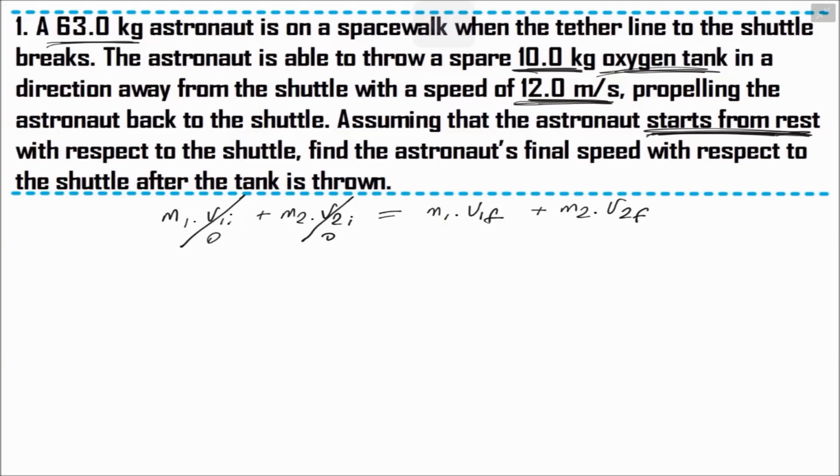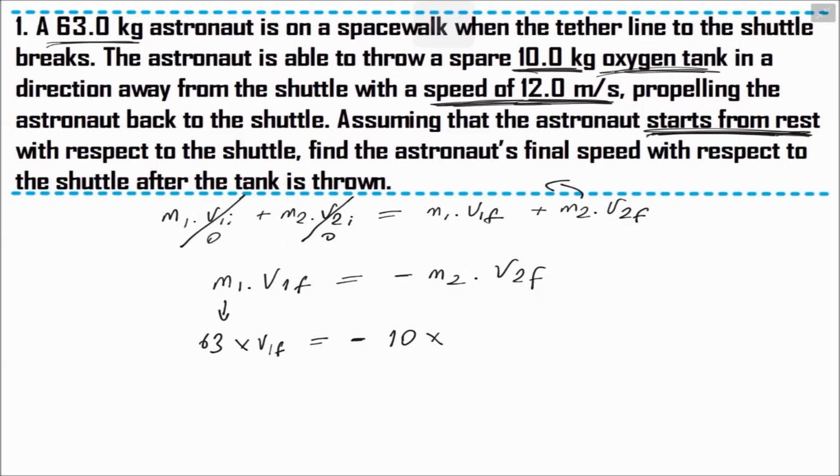And then if we send this side to the other side, m1 times v1 final must equal negative m2 times v2 final. Let's say m1 is the astronaut, so it will be 63 kilograms times v1 final, which we don't know, which is the question, equals minus m2, the mass of the oxygen tank, which is 10 kilograms, times the velocity of the oxygen tank, 12 meters per second.